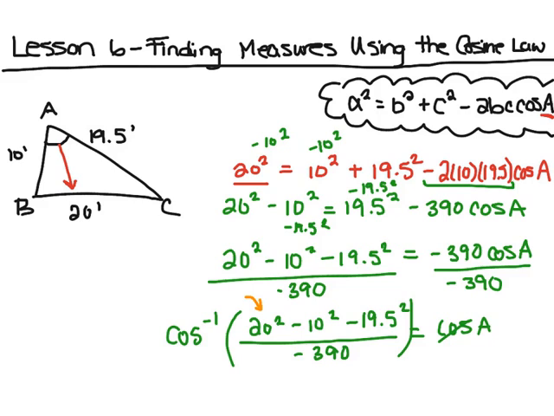And you should get a decimal. It should be 0.2057, and on and on. Now, you're going to do cos to the negative 1 of this number. So second function, cos, equals, and you should get 78 degrees, rounded to the nearest degree. So that should be your final answer.